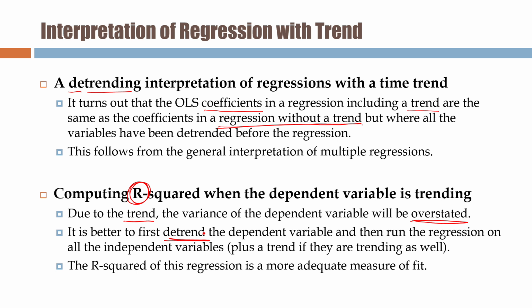So adding another predictor may not show up as a strong difference. In that case, we had better detrend first, then run the regression, and then find out whether some independent variable is actually good for predicting our dependent variable or not.